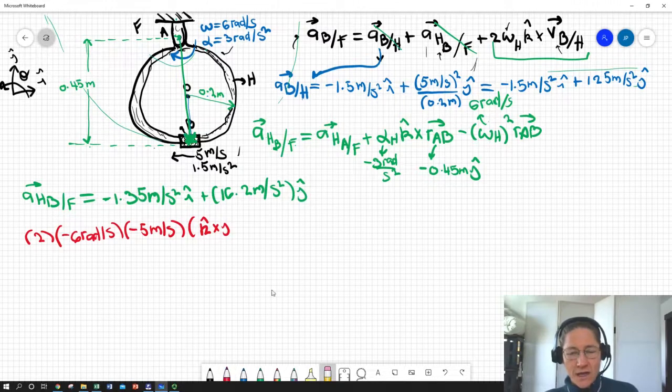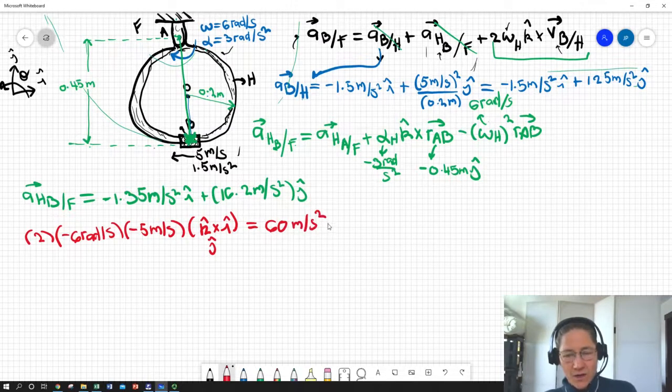Ooh, cross I hat, not cross J hat. Cross I hat, which is, of course, J hat. So that's going to give us 60 meters per second squared J hat.